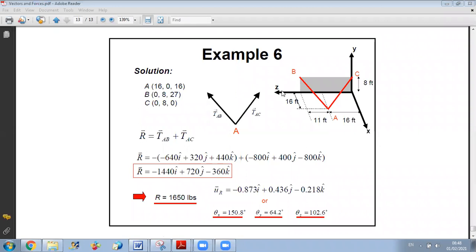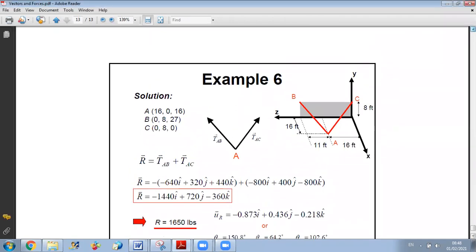Yes, doctor. Okay, so we were talking about how to calculate the angle between TAB and TAC. So I will add a question here.